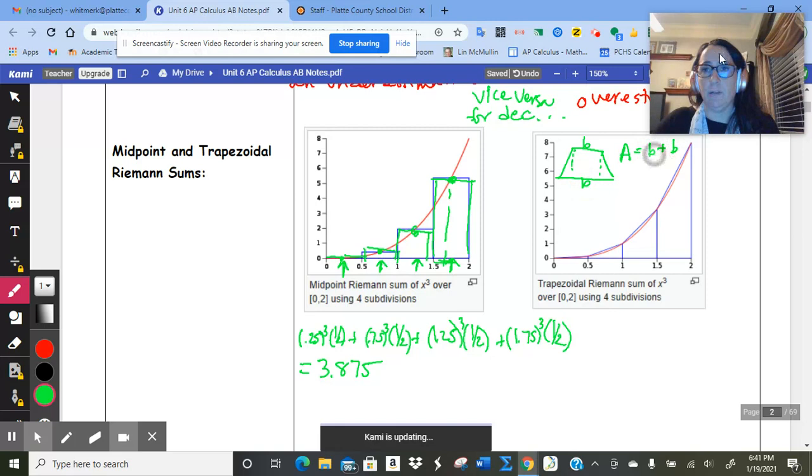We add them together and we average them, so we average out the bases and then multiply times the height. For our trapezoid, we kind of have to take this and lean it on its side. So if I take that piece and look at it, it would look like this. This is my base 1, my base 2, and this is my height.